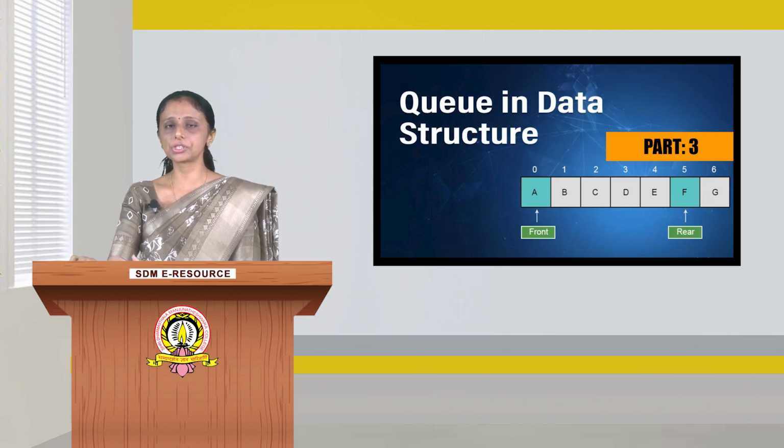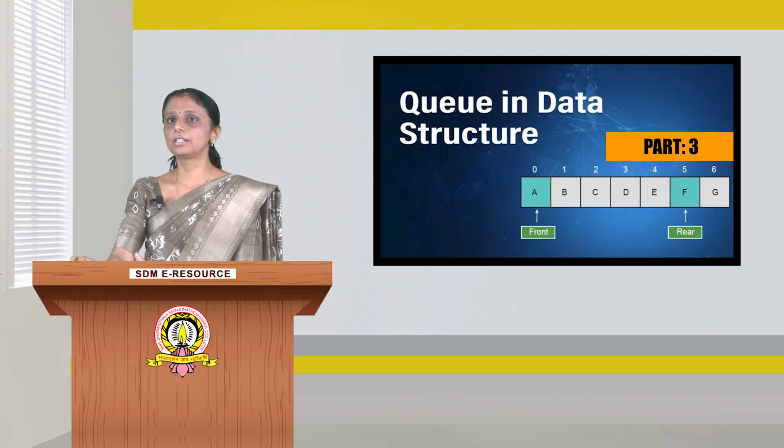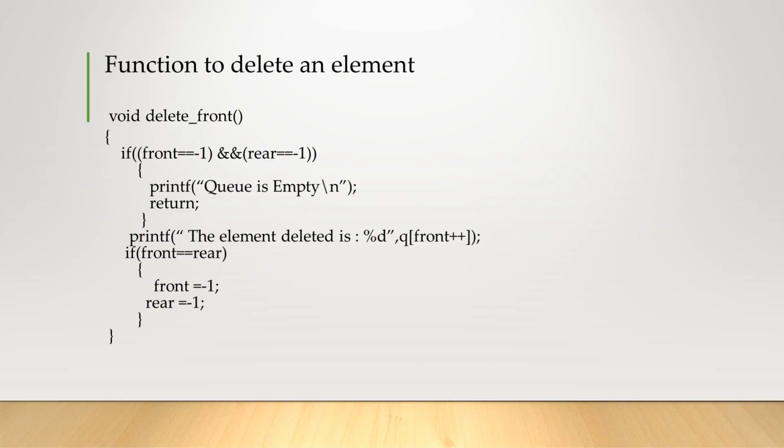Now let us see the function for how deletion can be performed using C. This is a function to delete an element. I took the name of my function as delete front because deletion is always done through the front end, and its return type is void.